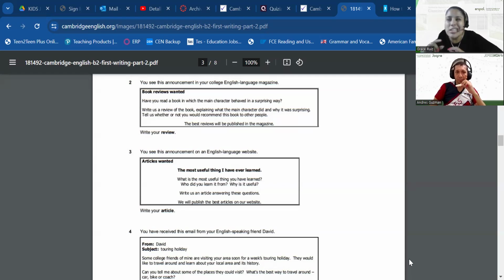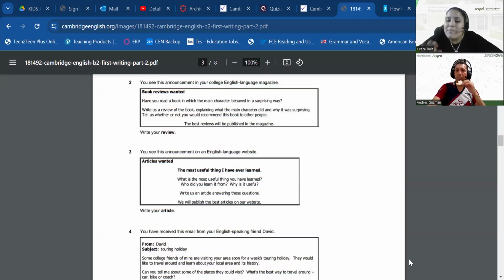So they changed a little bit, and in terms of writing, it changes the most because one of the options they are given in writing part two is writing a story. That is something they do for the B1 test, but they keep it for B2 First for Schools.